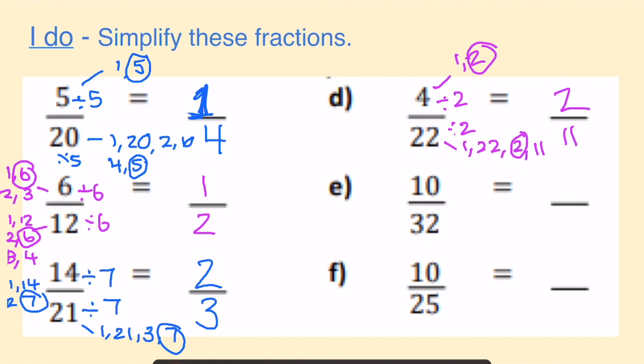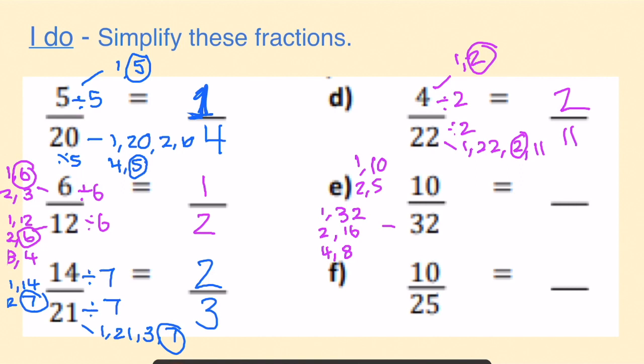Next, I'm going to look at 10/32. The factors of 10 are 1 and 10, 2 and 5. That's it. The factors for 32 are going to be a lot of them, I think. 1 and 32, 2 and 16, 4 and 8, and that's all.